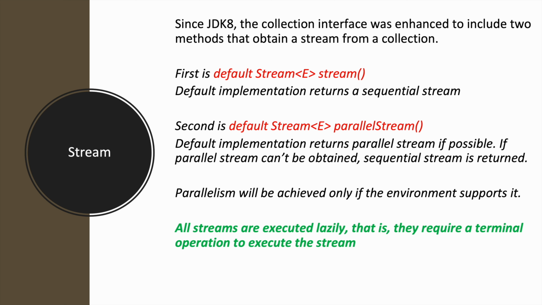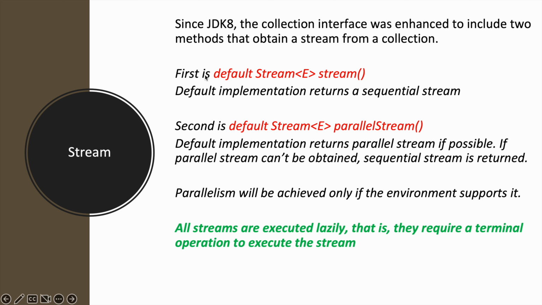Since JDK 8, we know that the Stream API was added in JDK 8. And what they did was that they also added methods in the Collection interface to enhance the stream. Those methods return a stream based on the underlying collection that you are working on. Those methods are default.